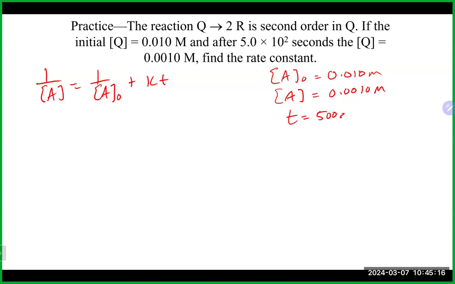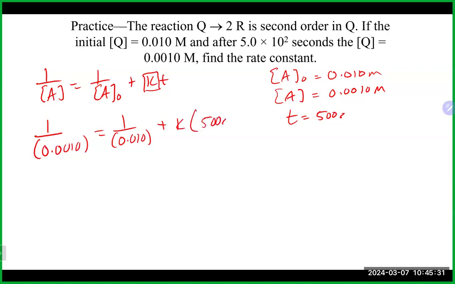All right, so we've got everything we need, since we are looking for the rate constant here. So we'll go 1 over 0.001 equals 1 over 0.01 plus k times 500 seconds. Again, I'm going to subtract to move it to the other side, right? So 1 divided by 0.001 minus 1 divided by 0.01.